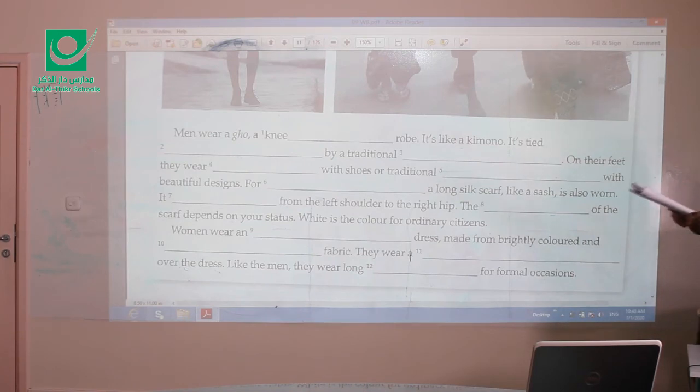On the feet they wear long socks with shoes, or traditional handmade boots with beautiful design for number 6. A long silk scarf-like sash is also worn. Number 7, it is worn from the left shoulder to the right hip. Thank you.